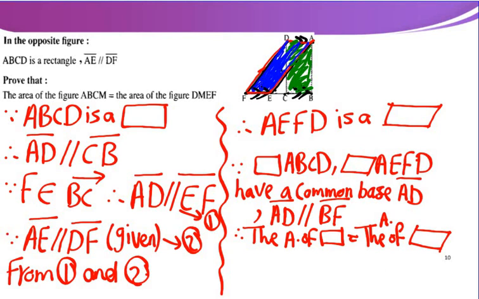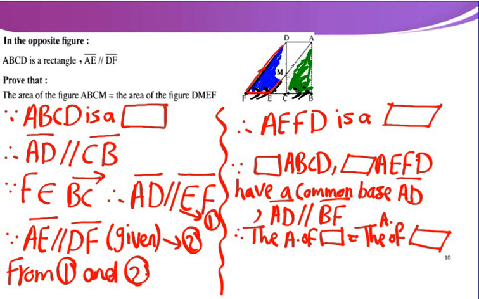Subtract the area of triangle AMD, or this part, we can say M. Yes, M. Subtract this part, AMD, we will get the required.